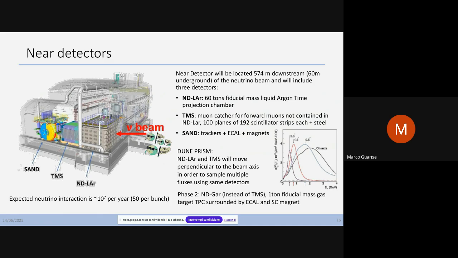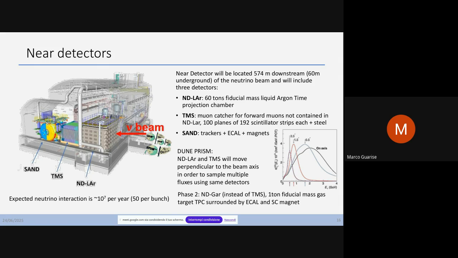We have a near detector liquid argon time projection chamber, which is this one here, coupled with a muon spectrometer, which is shown here. These 2 detectors, as I said, can move in this direction, orthogonally to the beam, and probe different angles. Instead, at the end, we have SAND, which is this one, and is fixed on axis.